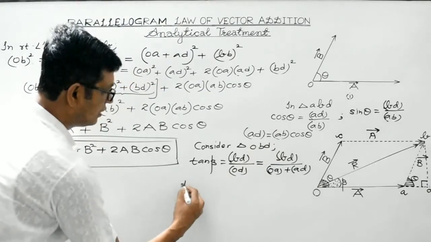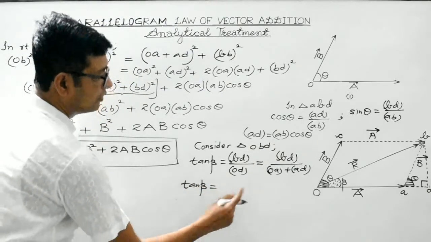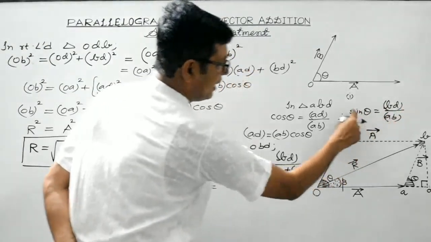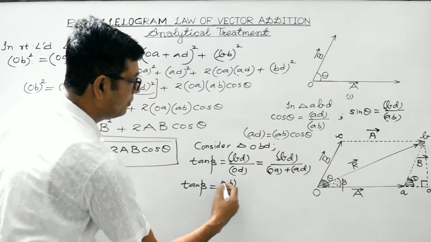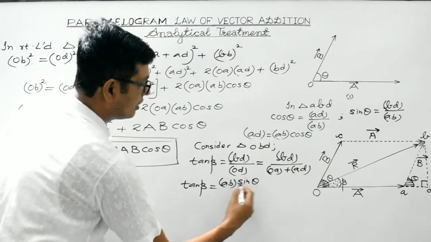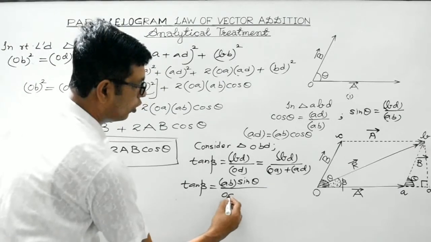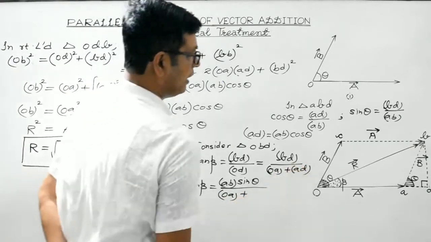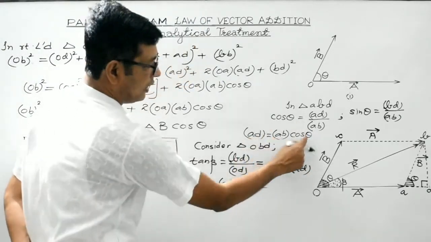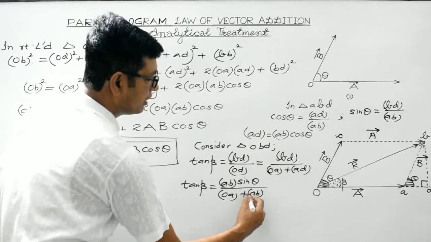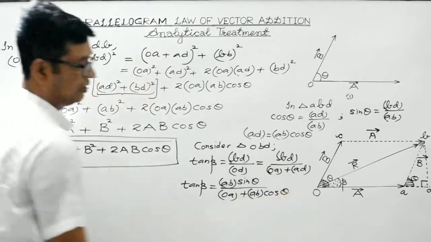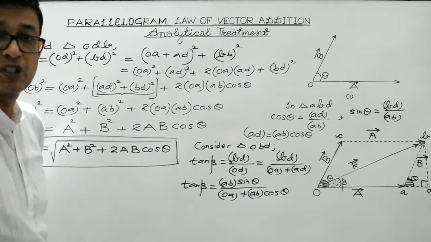So tan beta, in place of BD we can write AB sine theta. It is AB sine theta divided by OA plus AD. AD is equal to AB cos theta. Now let's substitute the values.